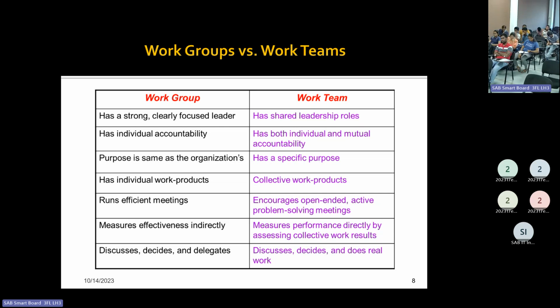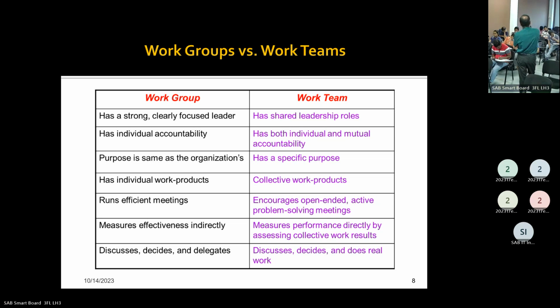Next factor can be seen differently in a work group and a work team. Second criterion is what? Based on the second row, it deals with the responsibility or accountability of the members. In a work group, they should have individual responsibility or individual accountability.